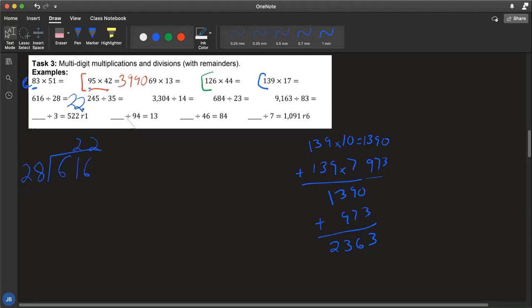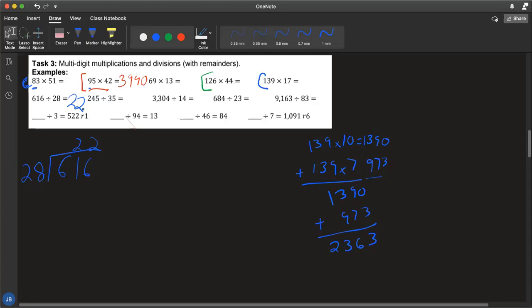And so if we had to do the distributive property for this one, Hannah, how do you think we would do it? Would you do 600 divided by 20 first?